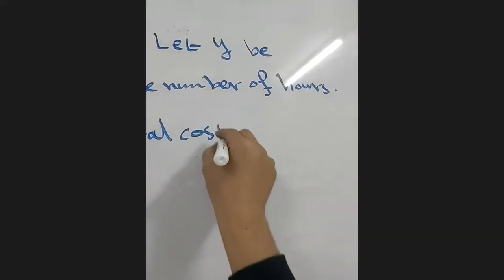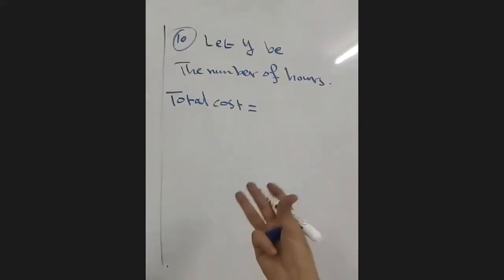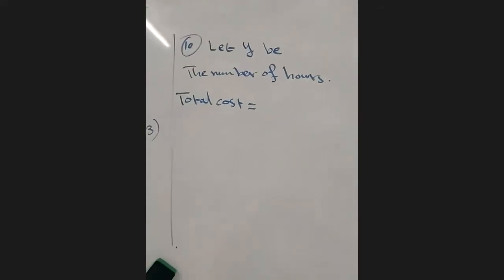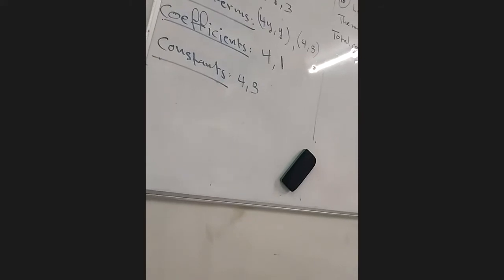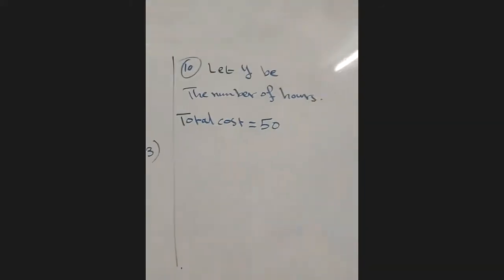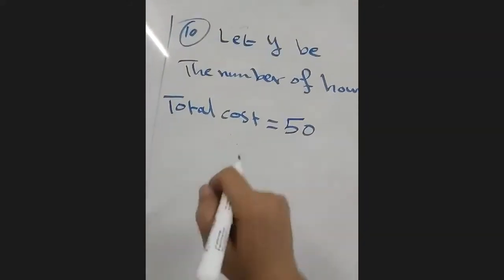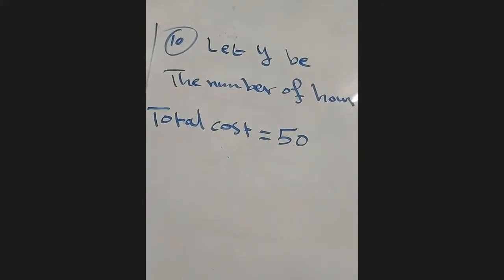Total cost equals: before he starts work, you need to pay him how many dollars? $50. That $50 is a constant. As soon as he comes to the house, before he works, you give him $50.